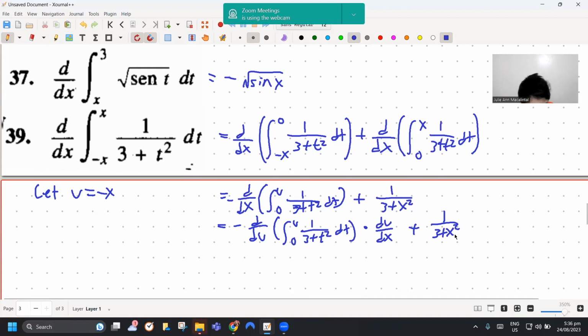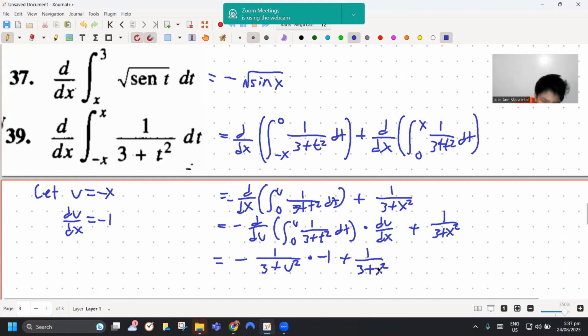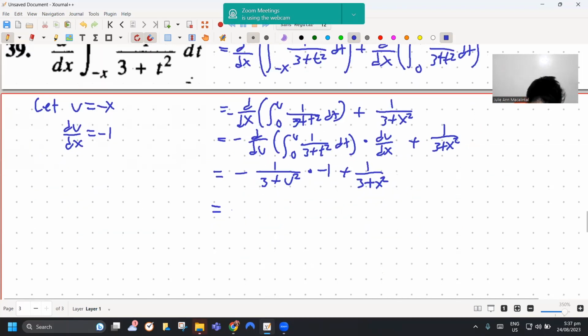Anyway, may mga additional integrals dyan na you'll get more practice in the chain rule. Ngayon yung u, kailangan mong i-substitute yung negative x. So, we get 2 over 3 plus x squared. Ayun, okay na.